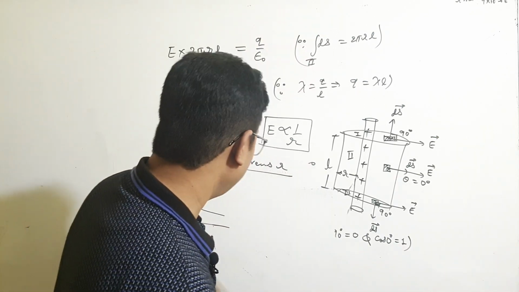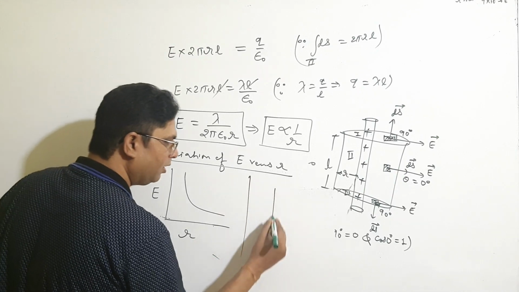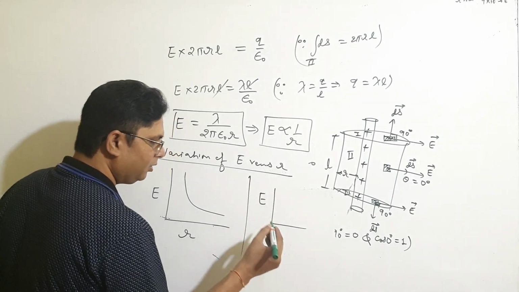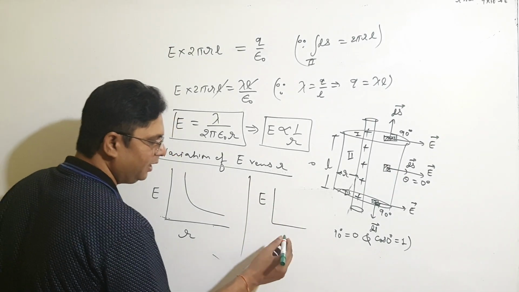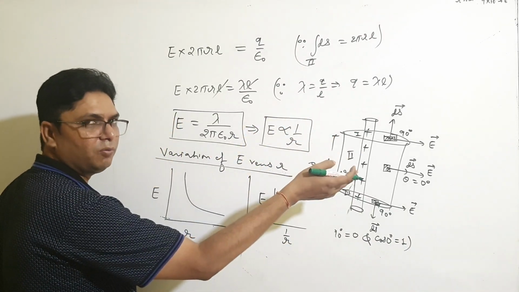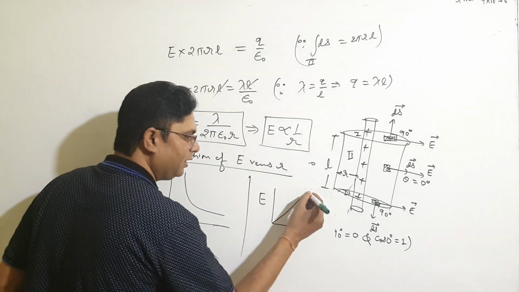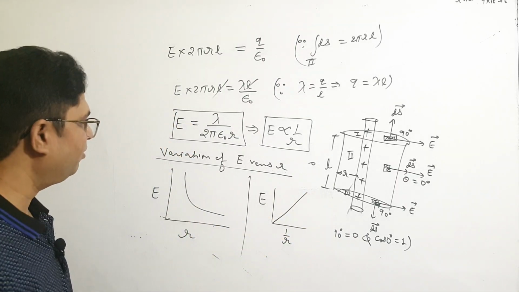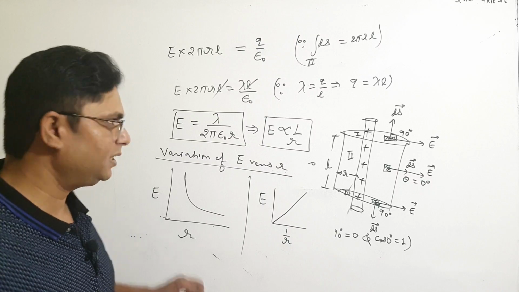If you draw another graph in which you take E here, and on the x-axis you take 1 upon R, then E is directly proportional to 1 upon R, so you have a linear relation. So these are the two graphs for variation of electric field versus distance R.